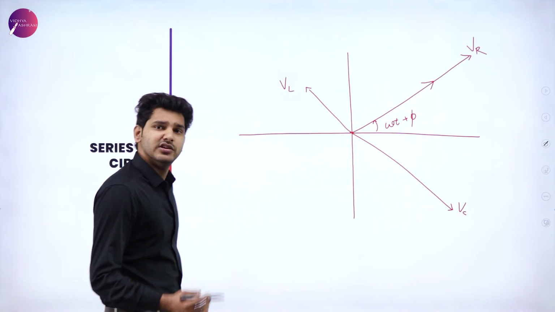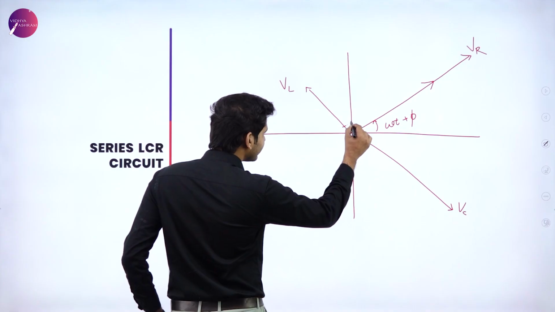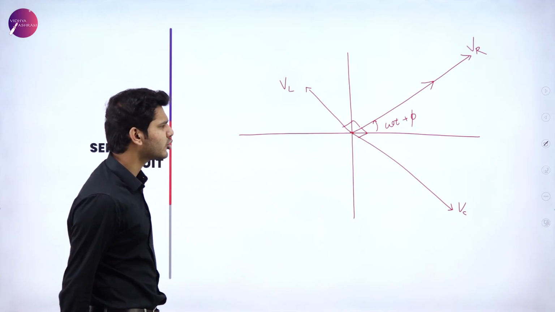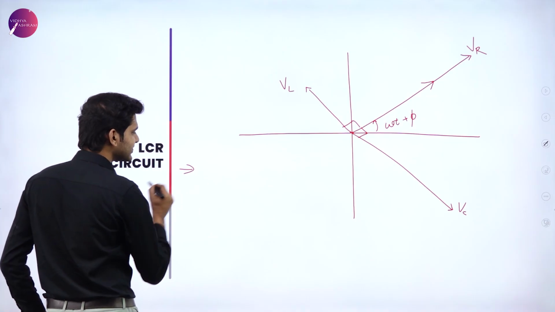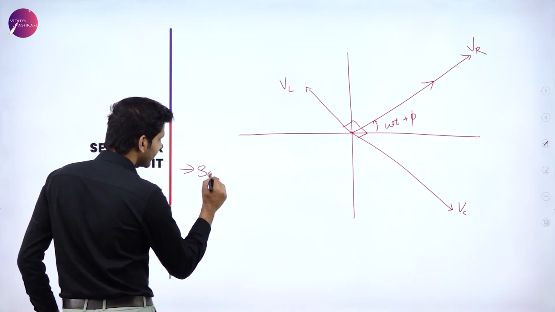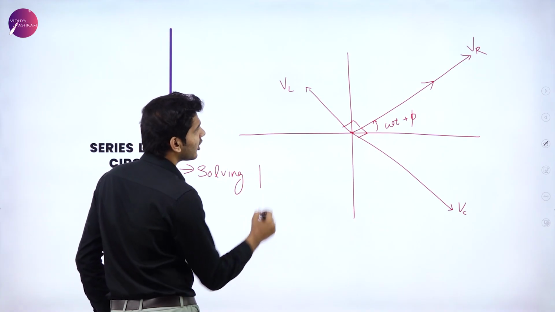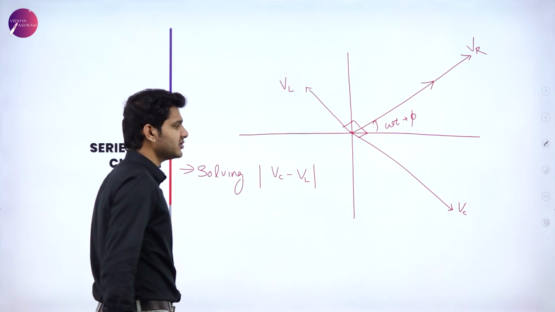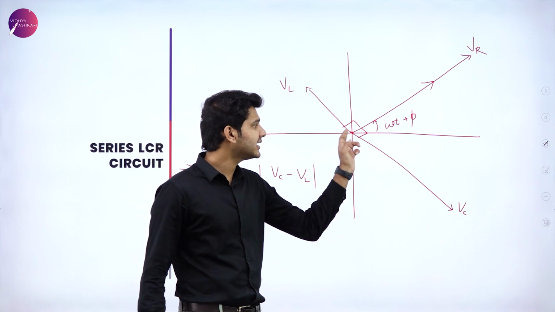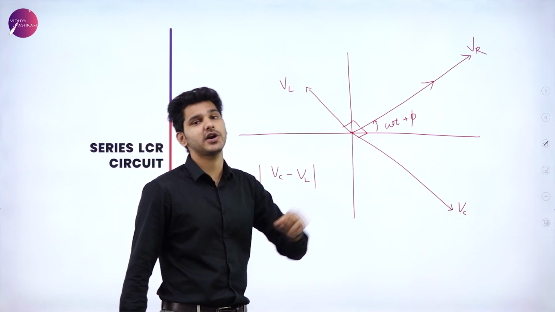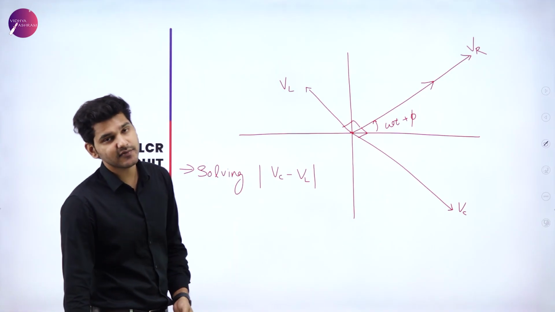I'll show you. So generally I can say this will be 90 degrees, this will be 90 degrees, that is all known. So what I'm going to do is first solve the modulus of VC minus VL, which means I'll have a resultant in this particular direction. That is the first thing we are going to do.